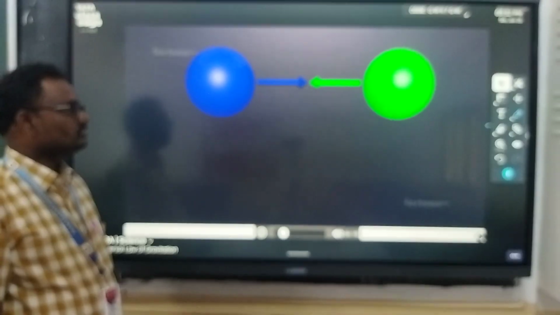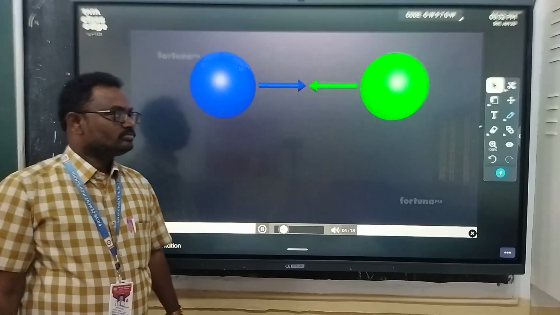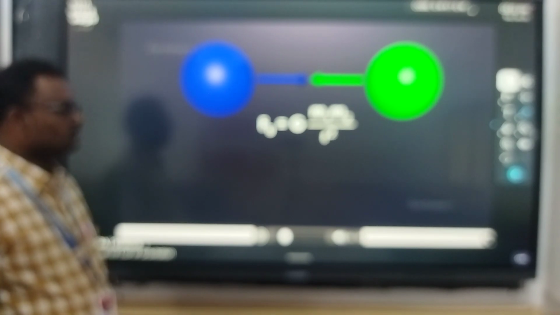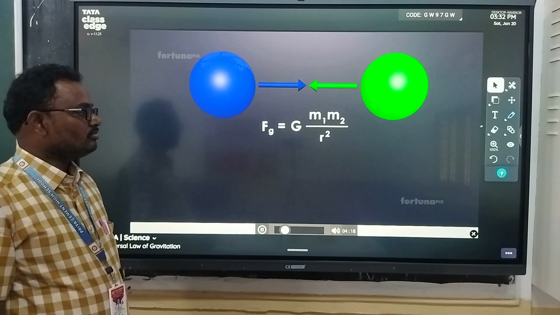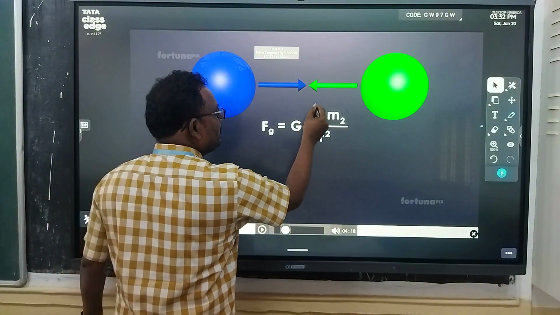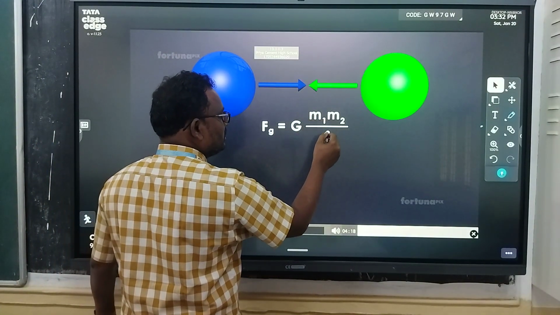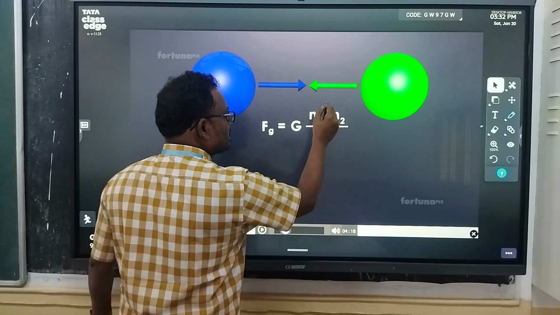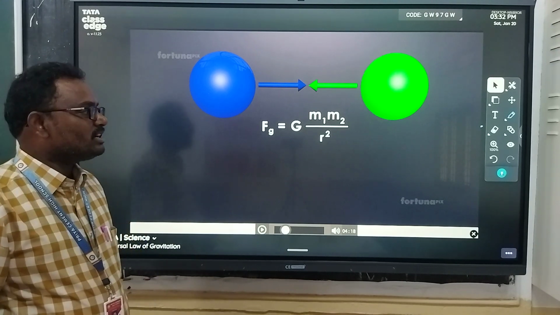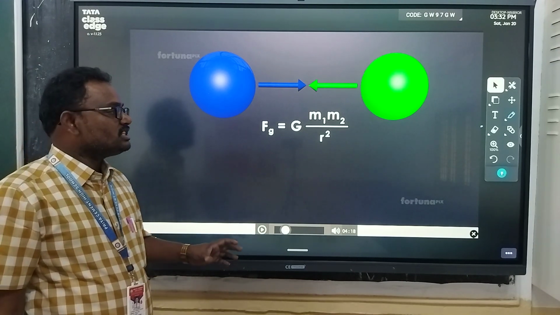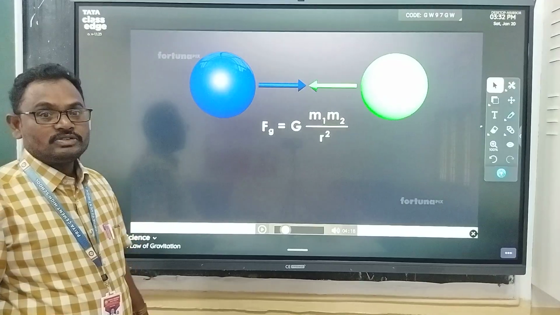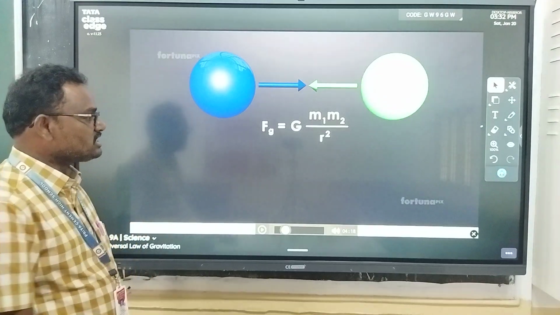Newton's law of gravitation can be expressed in an equation. Fg is equal to G multiplied by m1 multiplied by m2, whole divided by r square. Here m1 is the mass of the first body, m2 is the mass of the second body. R square is the distance between the two bodies, taken from the center, which is why they take it as r square.